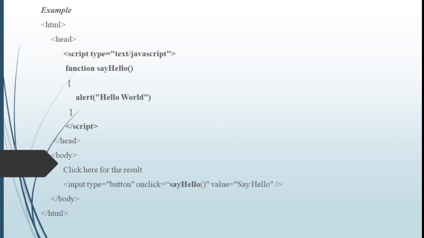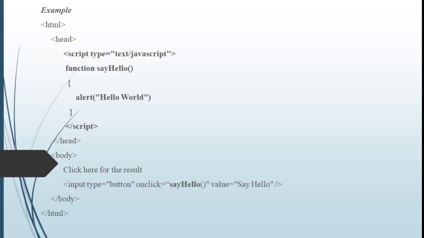Sample program for this. Here I have enclosed the script tag in the head section. See here, HTML, head, the script tag is enclosed with a function sayHello. In that function, there is an alert message, that is hello world. When I click here for the result, then hello world will appear.